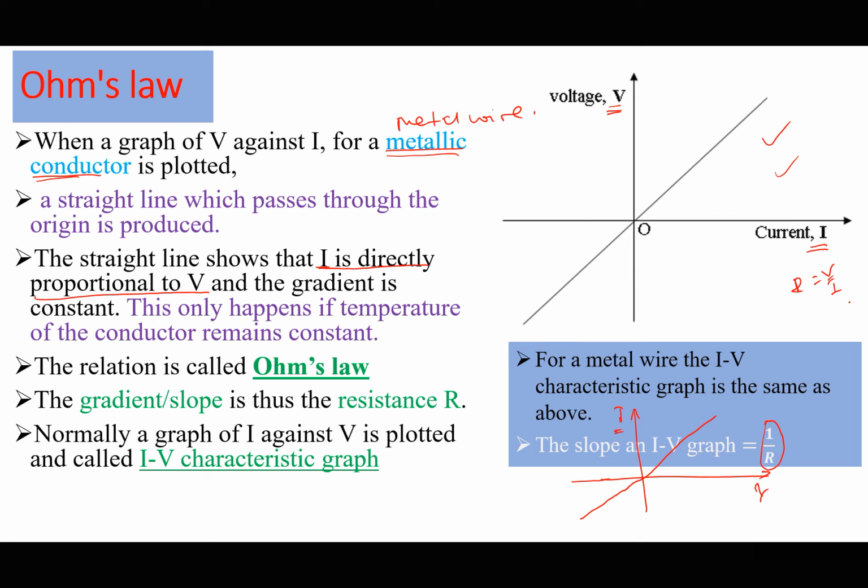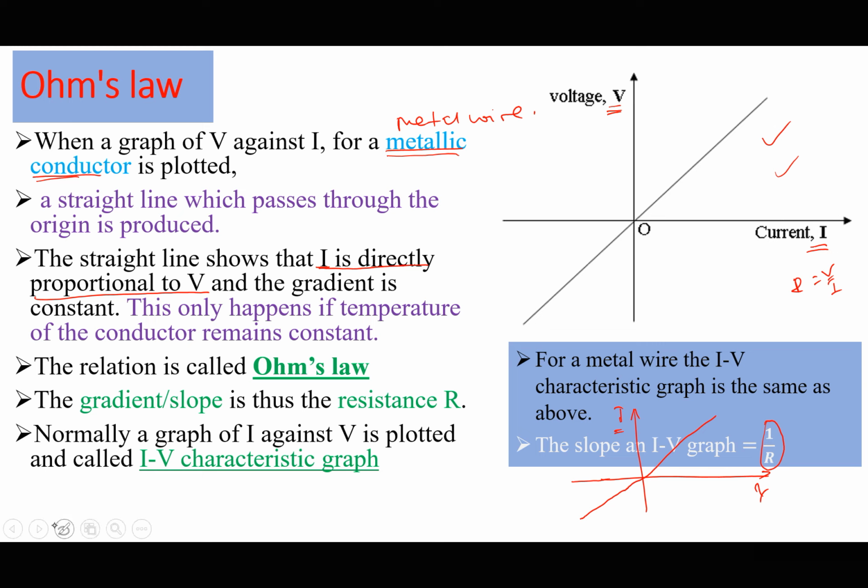So we have now mentioned the IV characteristic of a metal conductor, or a conductor which obeys Ohm's law, but we haven't yet stated Ohm's law. However, we said it must be a straight line through the origin to indicate that I is directly proportional to V if the temperature does not change, if the temperature remains constant, and that is going to be Ohm's law.